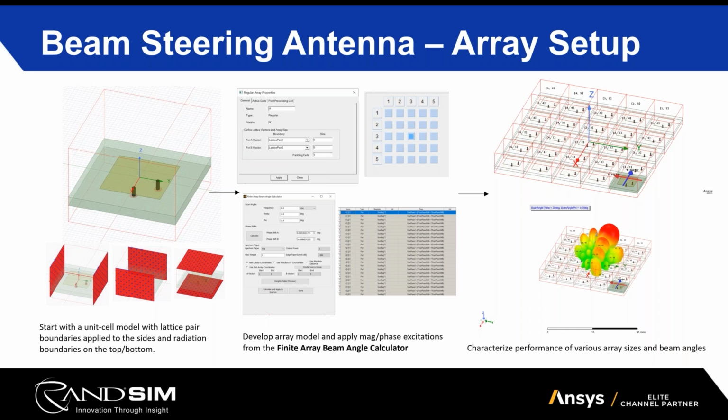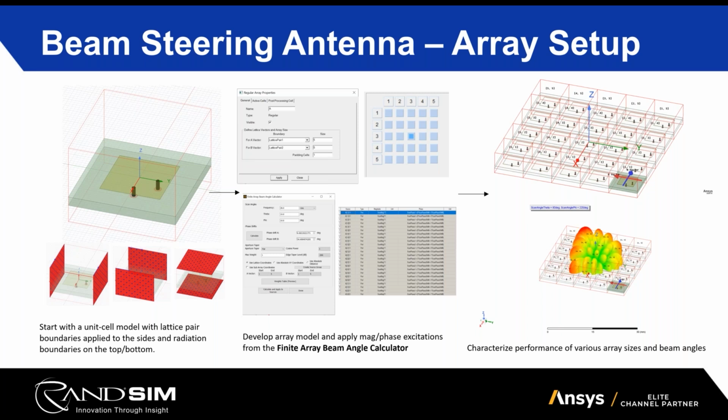Now, if we have a single user or a specific user that we really want to focus that energy towards, which is the fundamental goal of what 5G's directional beams are achieving, you're basically trying to point it at the user at all times so that they're always getting the strongest signal to maximize data throughput. To do that, we can take multiple instances of that antenna and place them in proximity to each other.